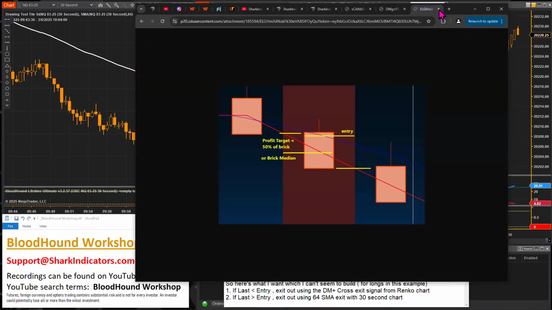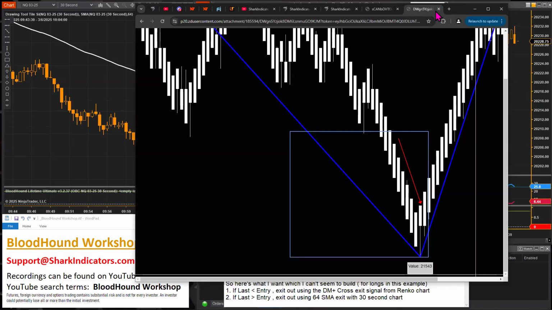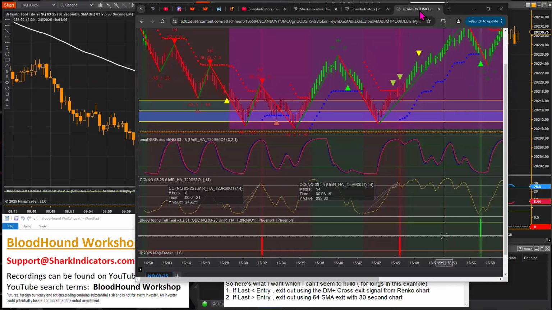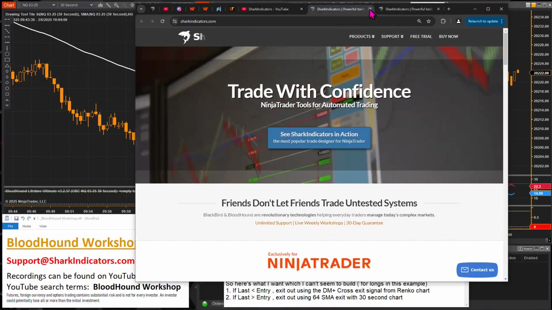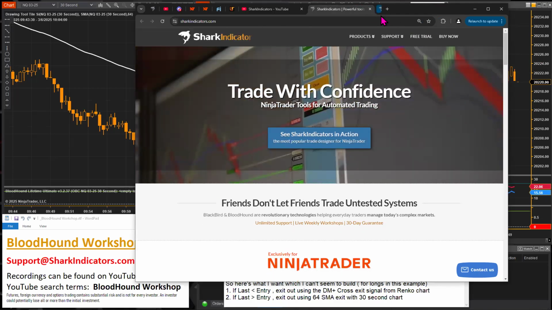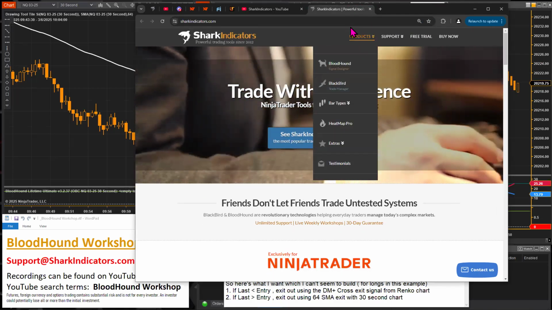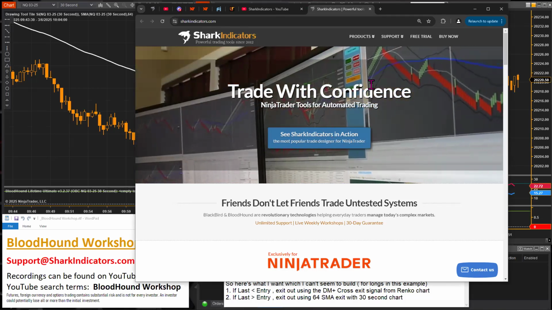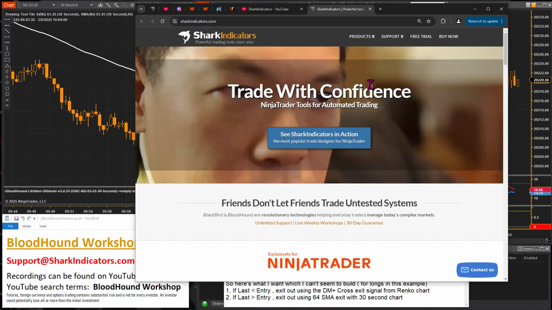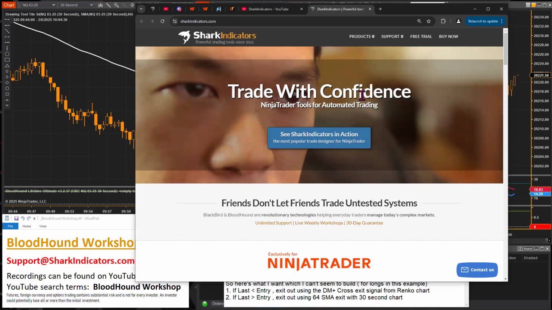Actually, you know what? I need to get rid of some of these screenshots from last week. There we go. And get rid of that. Okay. All right. So to see what the Renko bar settings are for the Shark Renkos, right?